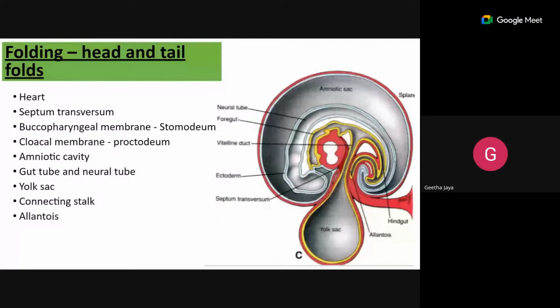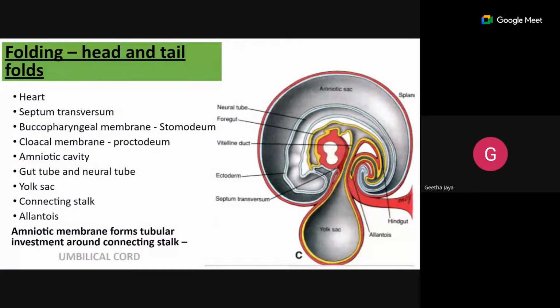Little bit of it, the lower end of the orifice, is ectodermal, like the oral cavity. Some contribution is from the ectoderm. So the amniotic membrane also covers the umbilical cord. So the outer covering of the umbilical cord is amniotic membrane.